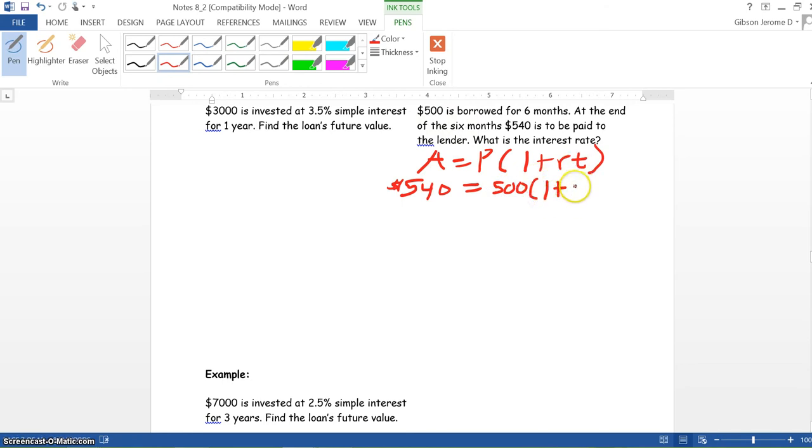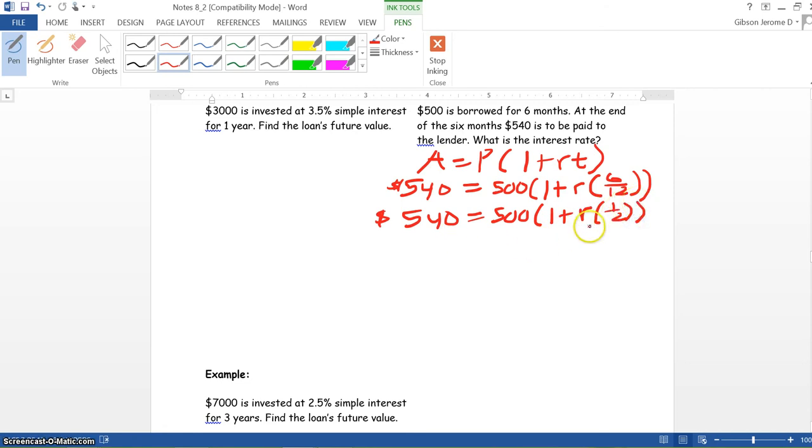Now our rate we don't know, but the time is in months. It's 6 months out of a 12-month year. So now we have $540 is equal to 500 times 1 plus R, and 6 over 12 is the same as saying 1/2.